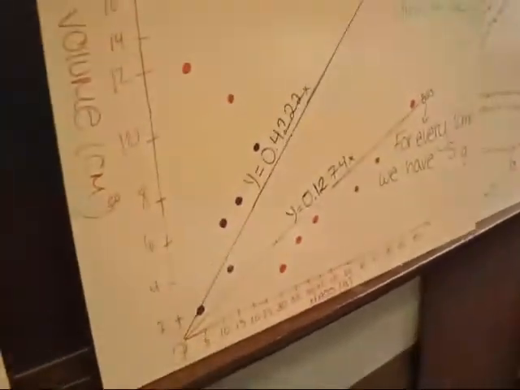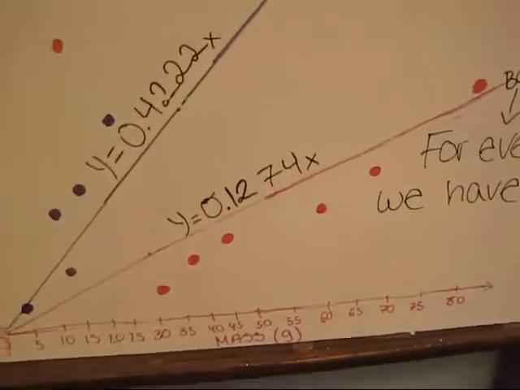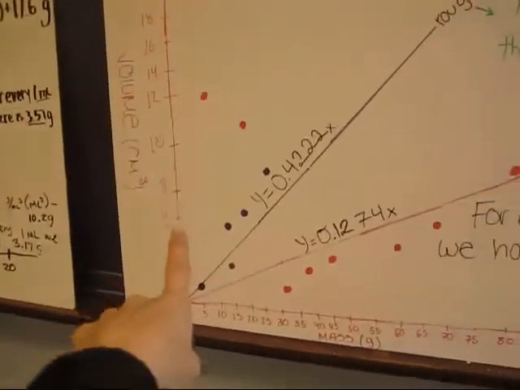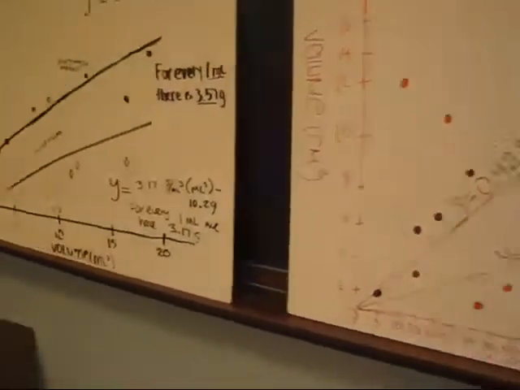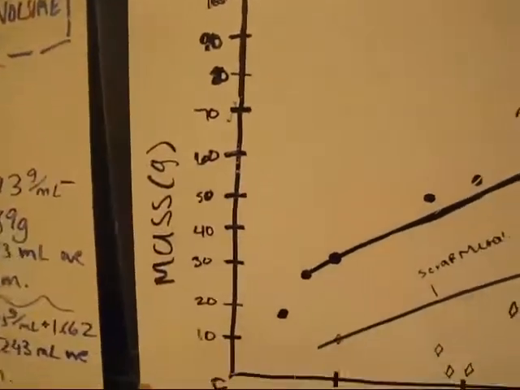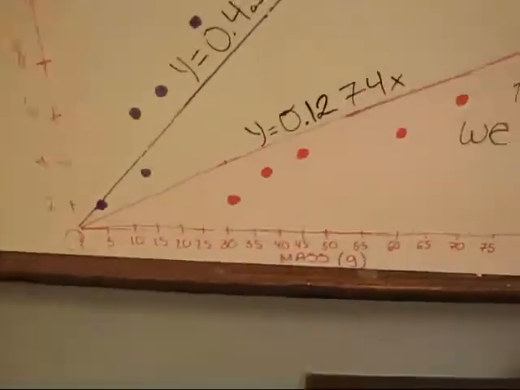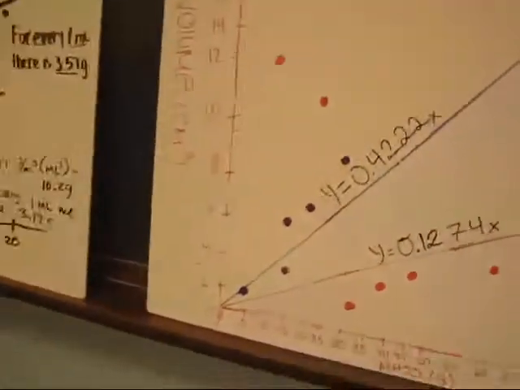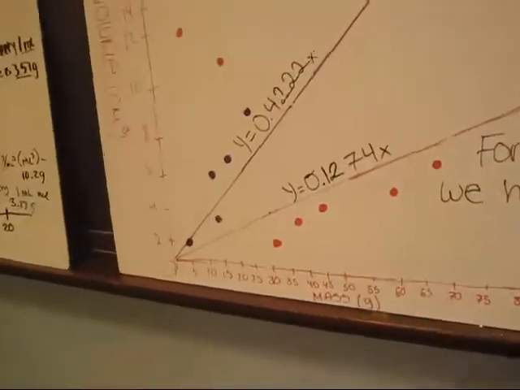And then this board over here, these people got really low slopes. And the reason why we figured this out is that their axes were actually switched. In order to get density, which is grams divided by milliliters, we need mass on our x and volume on our y. But this group did it the opposite, and they probably had in mind their independent variable because most people measured the mass of their pieces before they got the volume.